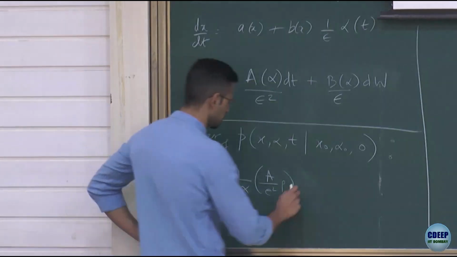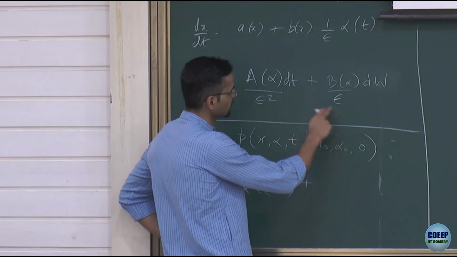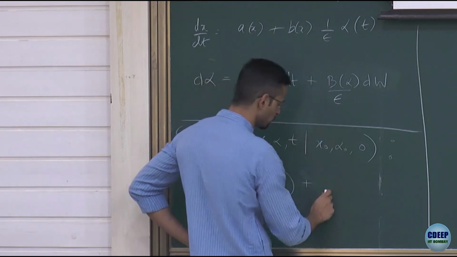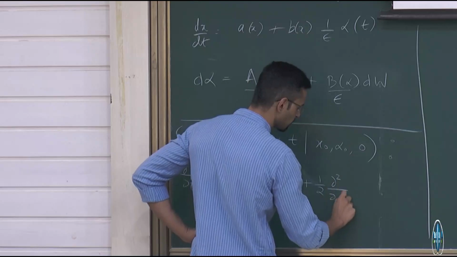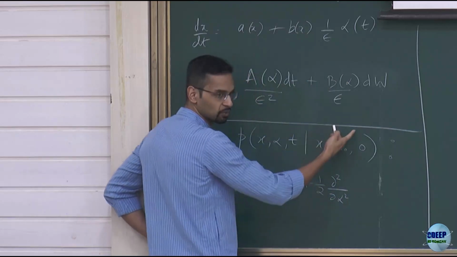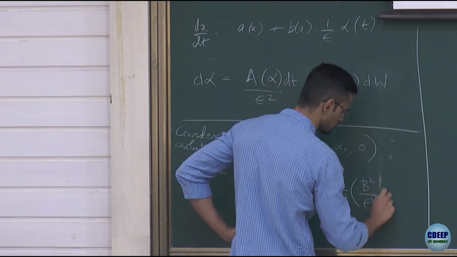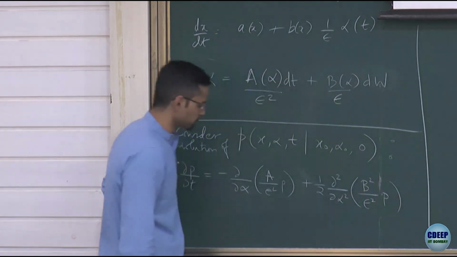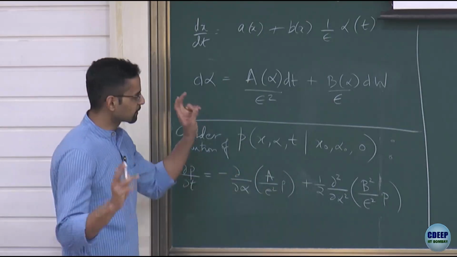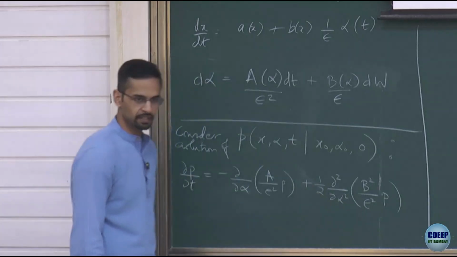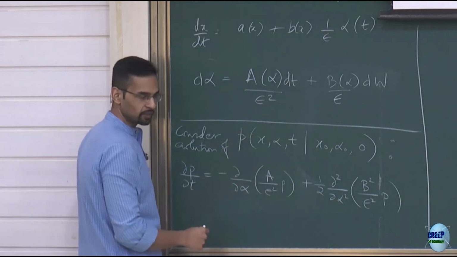And then I'll have plus, now this will come in the diffusion term, and it's an Ito equation, so I will just have half d square by d alpha square times this squared. Remember, in the Fokker-Planck equation, the drift and the effective diffusion coefficient sit inside the derivatives. So this is coming from the alpha equation.